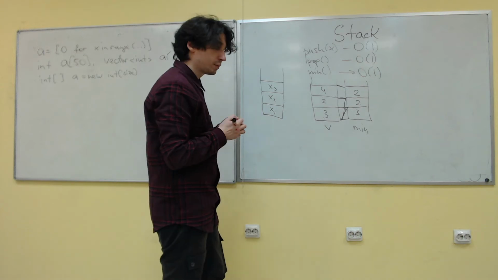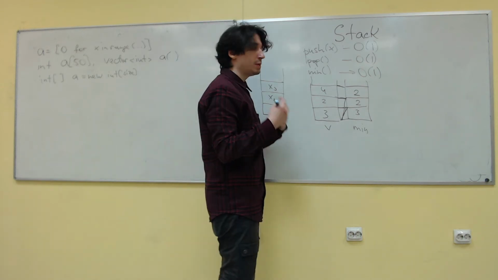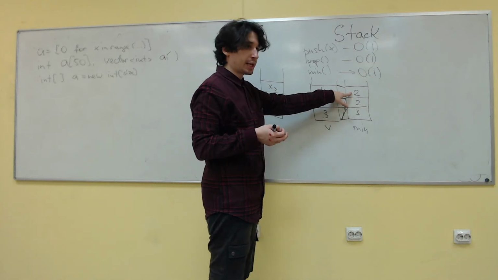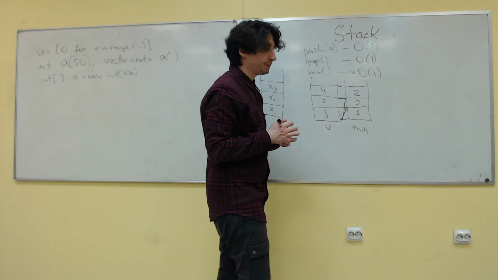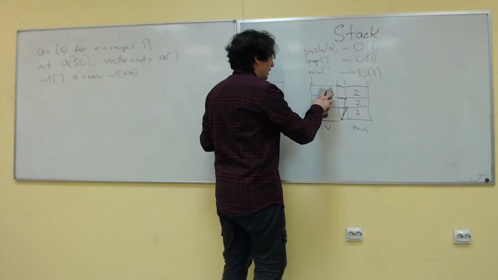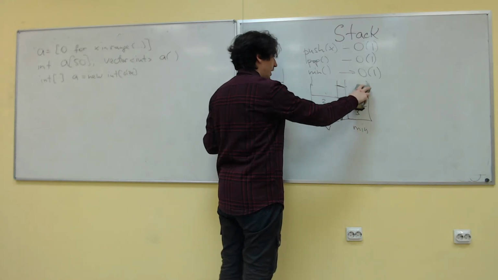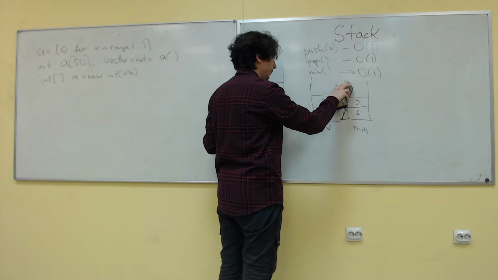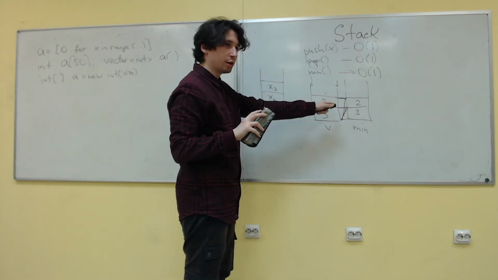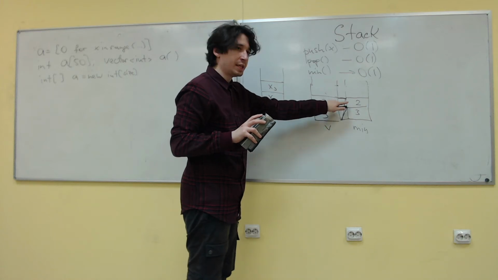And then when you want to ask, please tell me the minimum, you just get the top value from the second stack. And then when you pop, you take out this guy and the corresponding guy in the minimum stack. And you're still correct. So the topmost element in the minimum stack now will maintain the minimum on the whole stack.